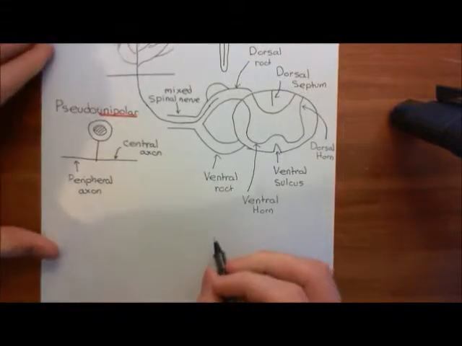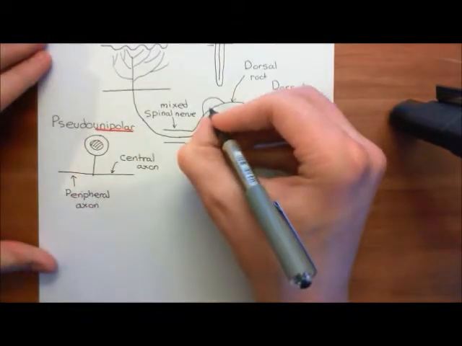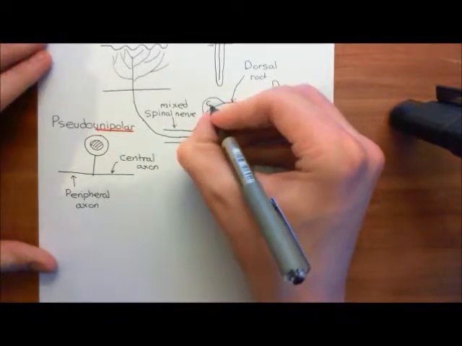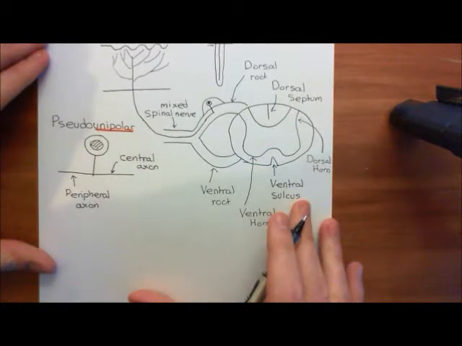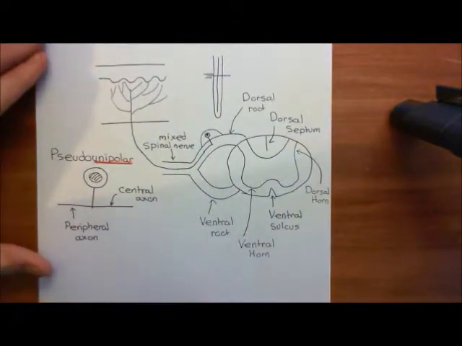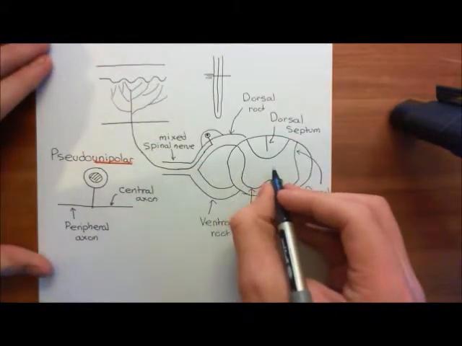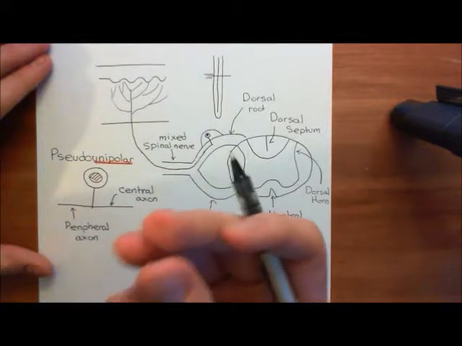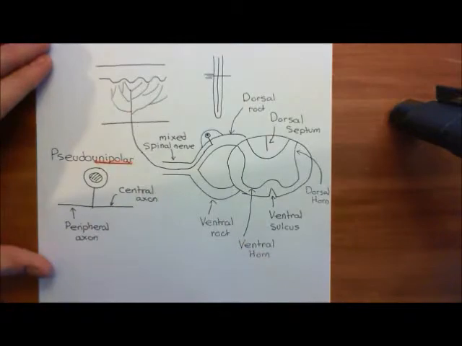The cell bodies of these primary somatosensory neurons are always within the dorsal root ganglion. A ganglion is the name for a collection of cell bodies which is outside of the central nervous system. When you have a collection of cell bodies within the central nervous system, that's called a nucleus, or grey matter for that matter.